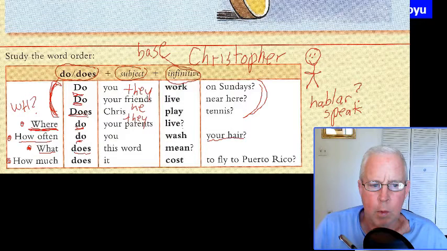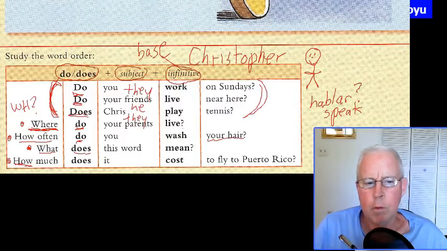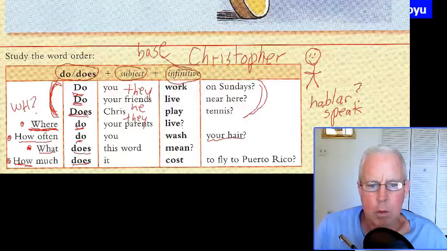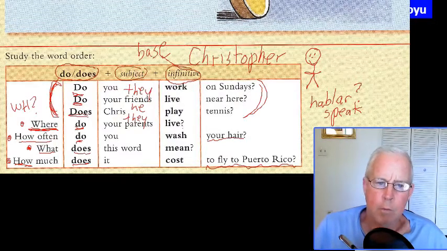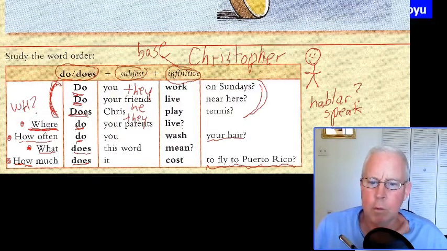And another WH question, remember how is considered WH. So how much does it cost to fly to Puerto Rico? How much does it cost to fly to Puerto Rico?